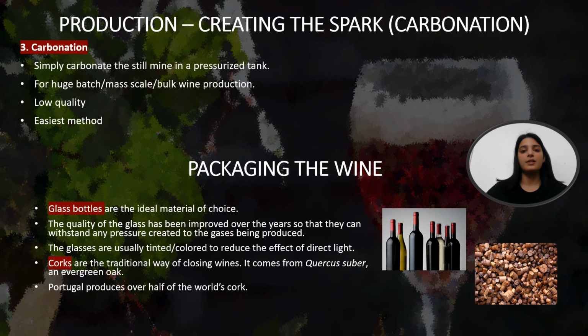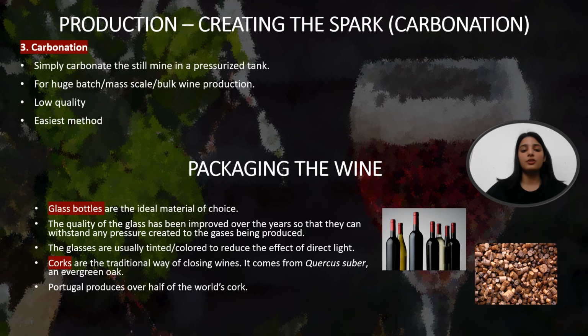After the wine has been carbonated, now is the time to package the wine. So the glass bottles are considered the ideal material of choice because the glass bottles are inert and do not react with the content inside them.